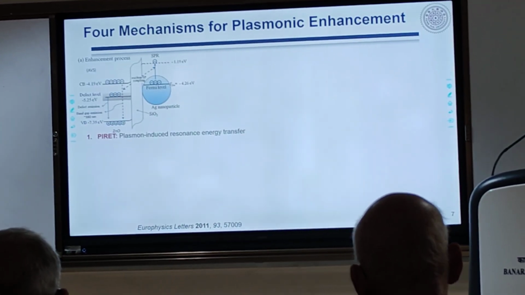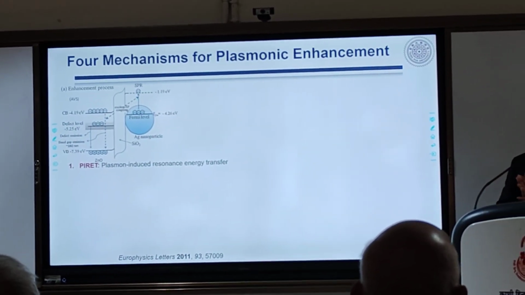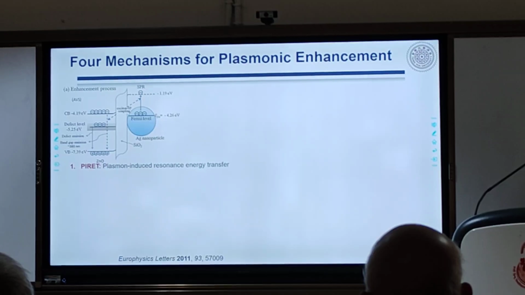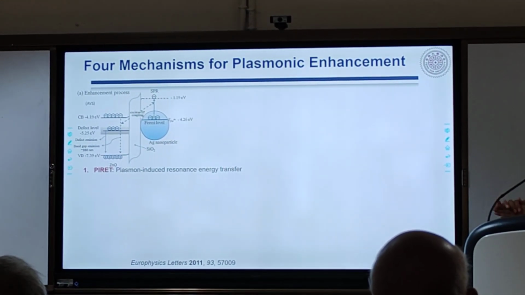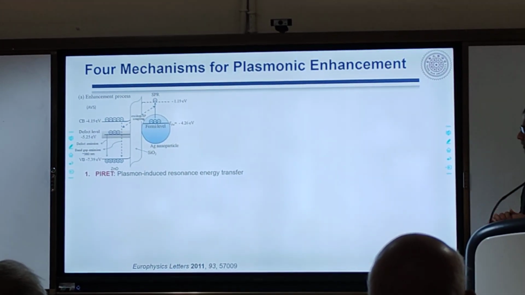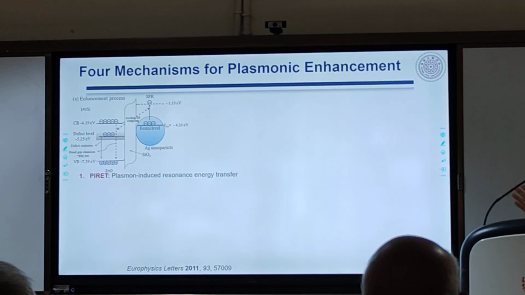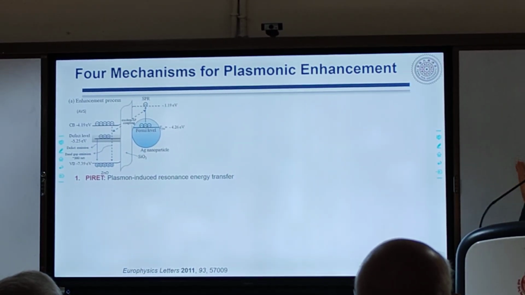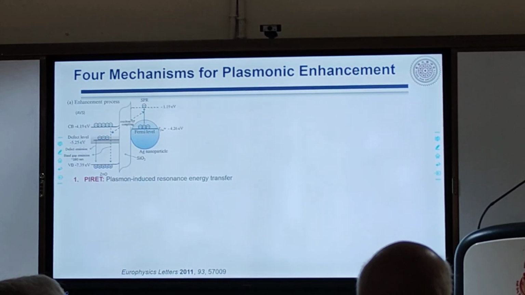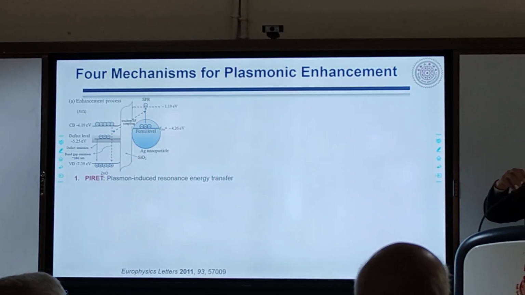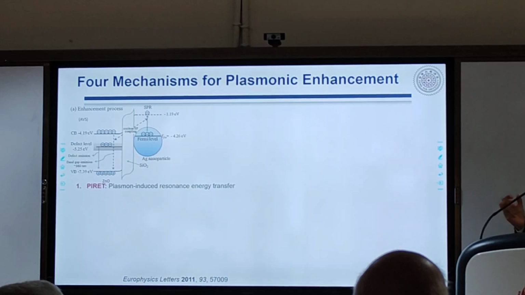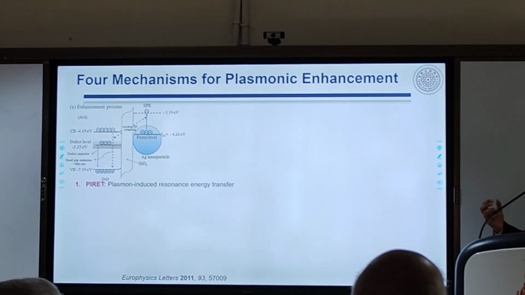So there are four mechanisms that take place once you hybridise the plasmonics with the semiconductor. The first mechanism is called the PIRET effect, which is plasmon induced resonance energy transfer. If metal and semiconductor come into close contact and light is incident on this combination, a dipole will be generated in the metal and excitons will be generated in the semiconductor.